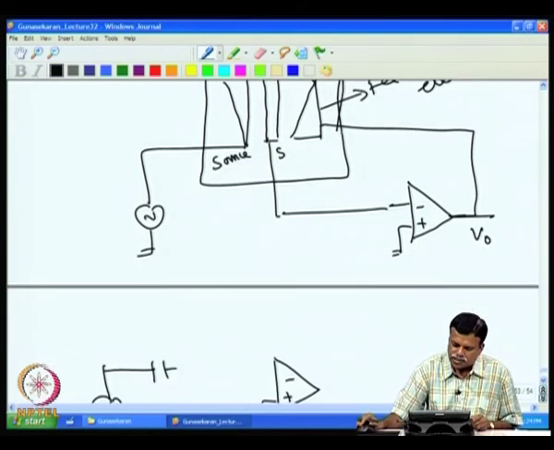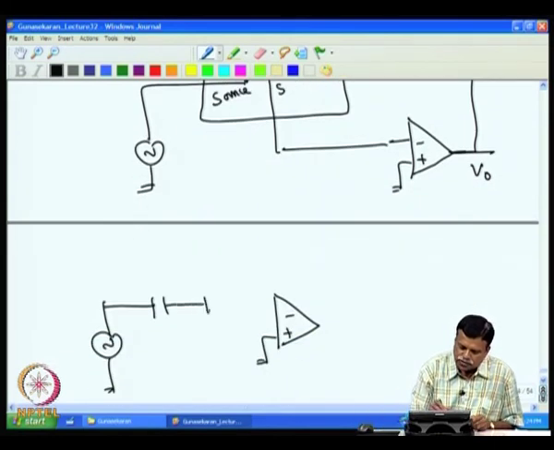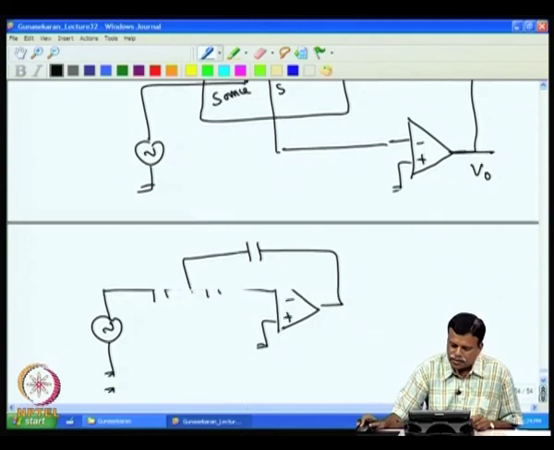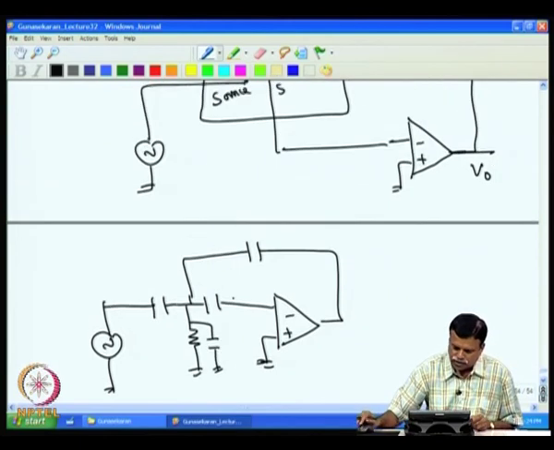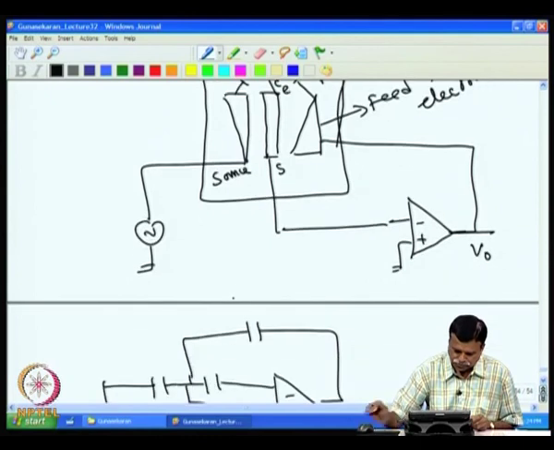So, we have CS and CE coming in series to this, and the feedback capacitor comes like this, and we may also have leakage current to the ground from the water. So, that can be shown like this. So, the equivalent circuit turns out to be CS here, and then CF and then CE.